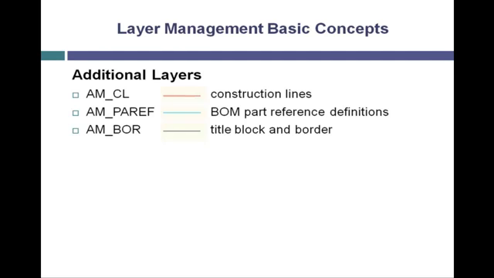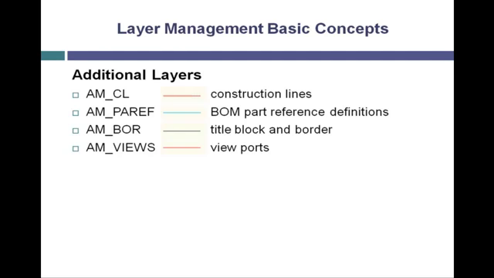AM_BOR is used to place the title blocks and borders when you use the AutoCAD Mechanical title block and border utilities. It has a black or white color, depending on your background color, and has a continuous line type. AM_views is another non-plotting layer.